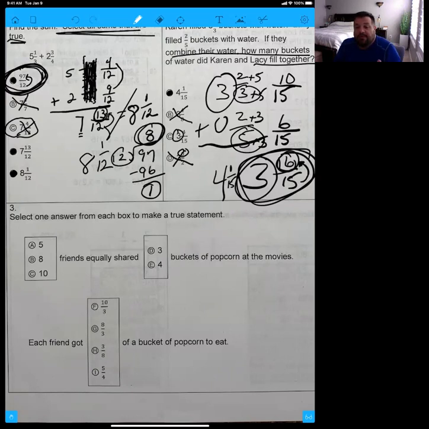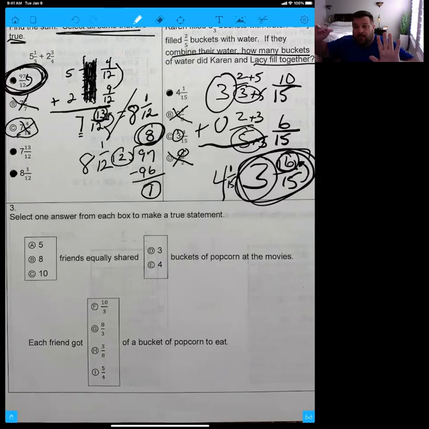So whether you take 5 friends, 8 friends, or 10 friends, and whether you take 3 buckets of popcorn or 4 buckets of popcorn, doesn't really matter to me. What you need to think about is the big picture. The fewest amount of friends there could be is 5, right? And the most there could be is 10. So no matter which one you pick, if there's 5 friends, that's the fewest.